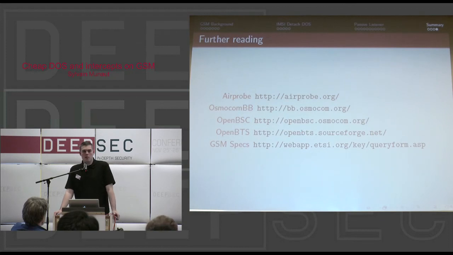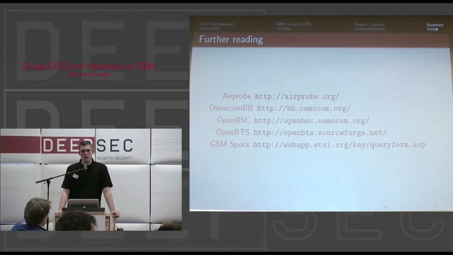The specification doesn't really say that you must check, but it seems obvious that you should. And did you try on all the networks you tested with both TMSI and IMSI, and do they all accept? I actually only tested with the IMSI, because each time I didn't know my TMSI. But I know that the phone sends the TMSI, so it should work with the TMSI as well. But I tested with the IMSI, yeah. Okay, thank you.